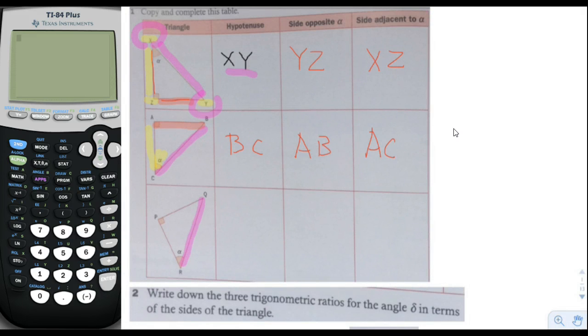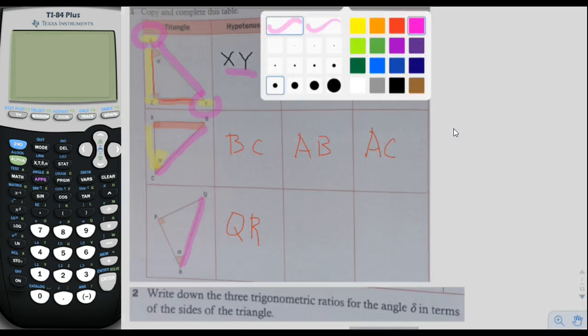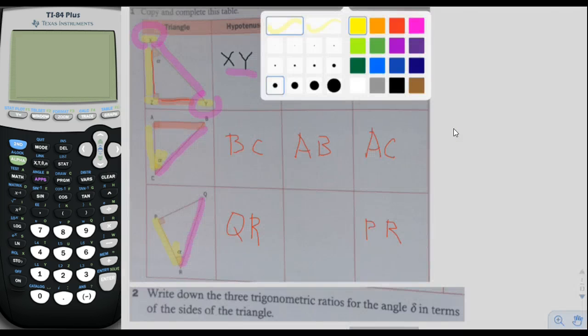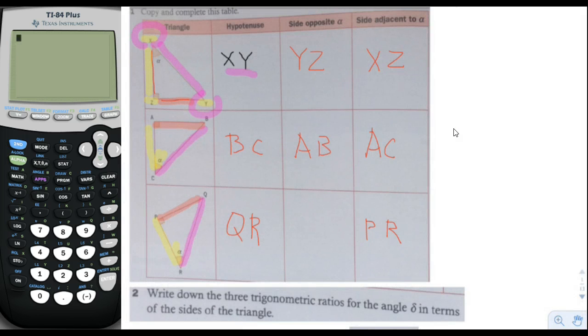Hopefully you'll never get confused about that one. In alphabetical order, we would say QR, right? And the adjacent would be PR. And then the opposite would be PQ, right?